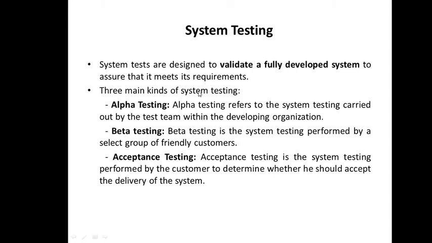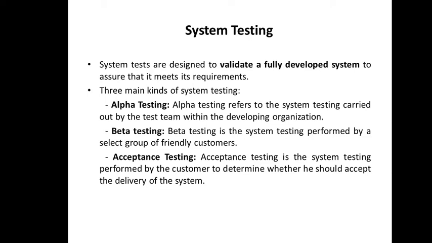Accordingly, we call the system testing of three types: alpha testing, beta testing, and acceptance testing. Alpha testing is when the development team members carry out this type of testing in the development organization. That means in the development environment only. That is alpha testing. While beta testing is when the testing is performed by friendly customers or potential users in the end user's environment, right?